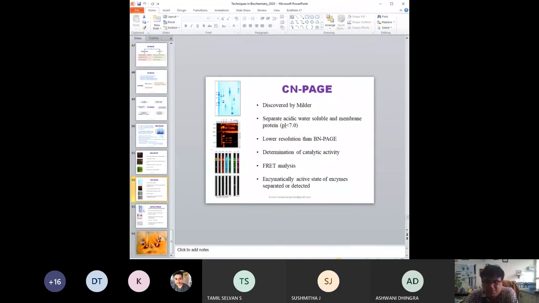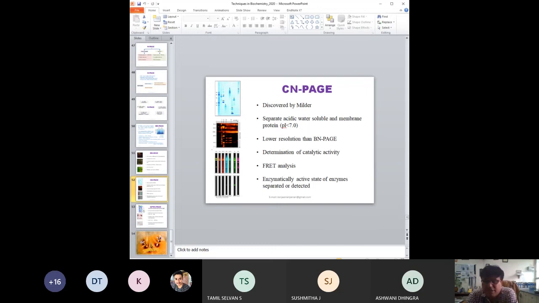Using BN-PAGE, because of Coomassie blue, which gives the anionic charge to the protein, it is sometimes very difficult to analyze the catalytic activity of the protein. So in order to remove the interference of Coomassie blue, which is one of the prominent members in case of BN-PAGE, clear native PAGE was discovered, where we are not using Coomassie blue, and then we can easily remove the interference caused by Coomassie blue and use it to determine the catalytic activity of the enzyme.